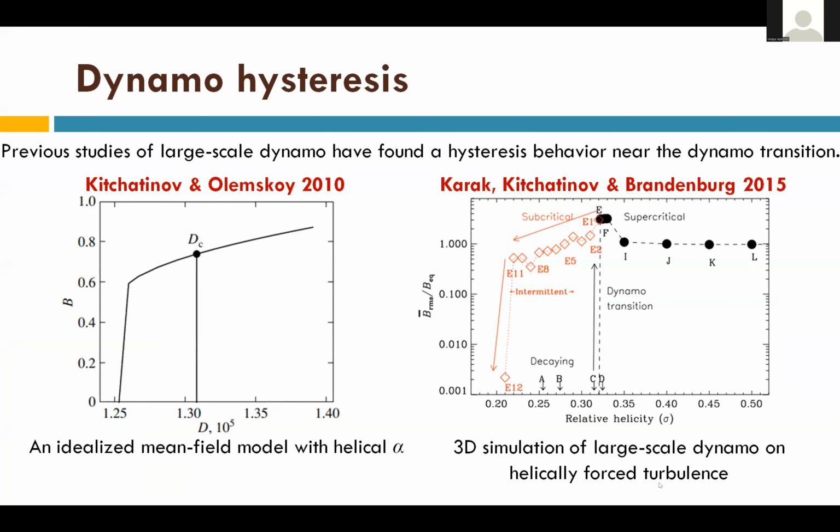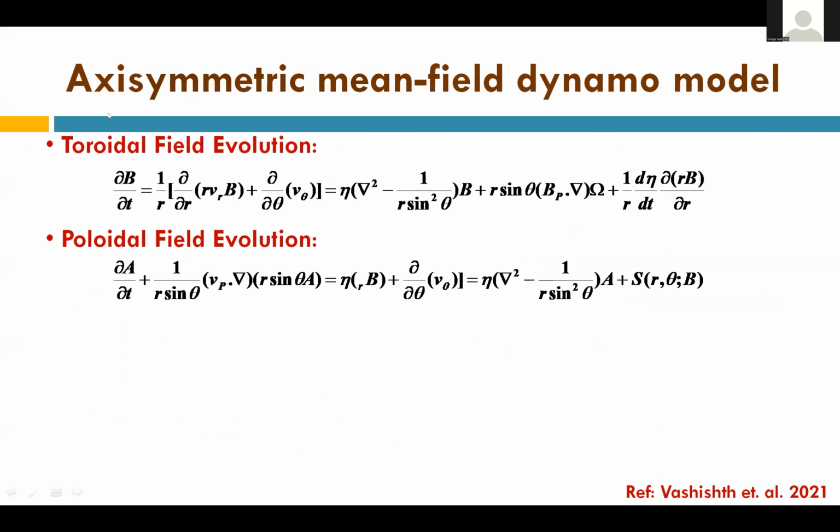Inspired by this work, my previous work used the axisymmetric mean field dynamo model, but I used the Babcock-Leighton alpha to study the hysteresis curve, in which I used the basic toroidal field and the poloidal field evolution equations, in which this is the source term for the toroidal field, and the poloidal field source term is given by this.